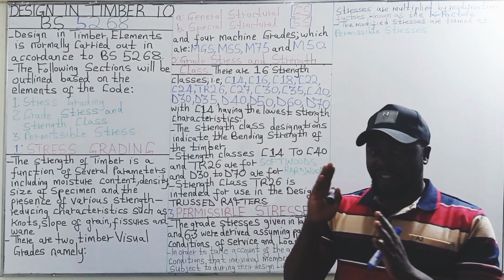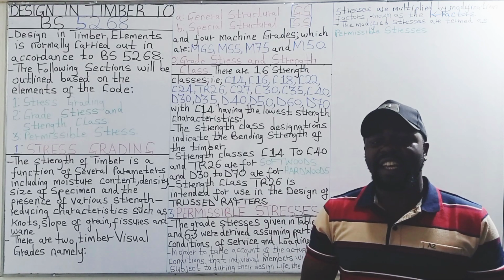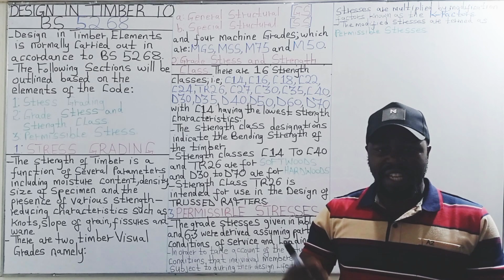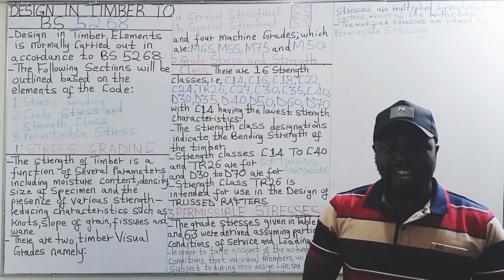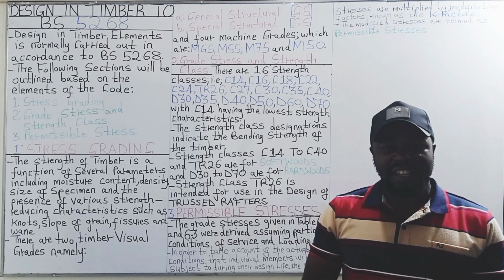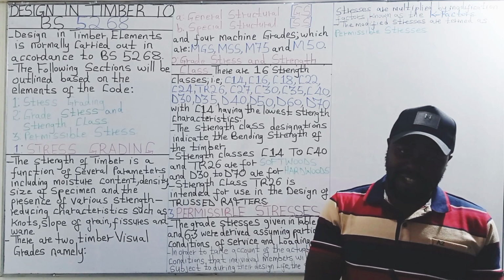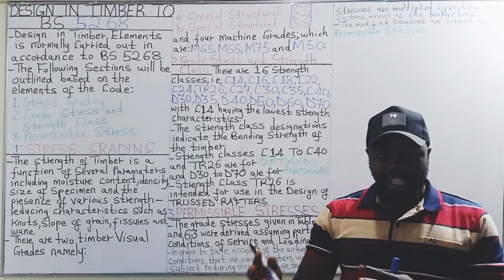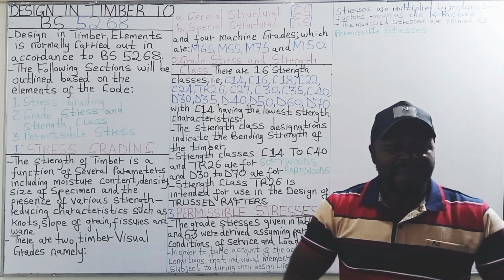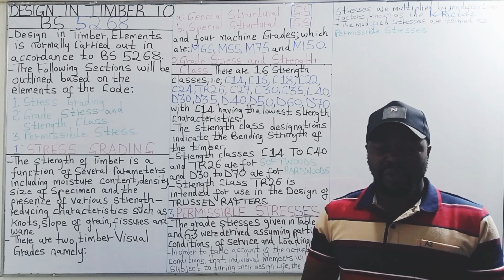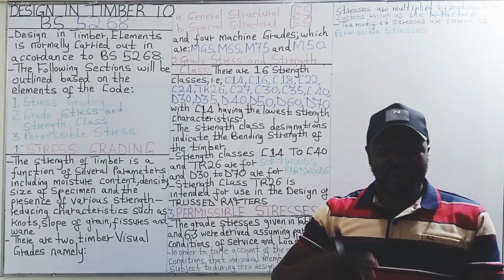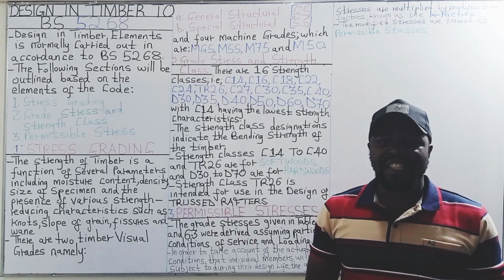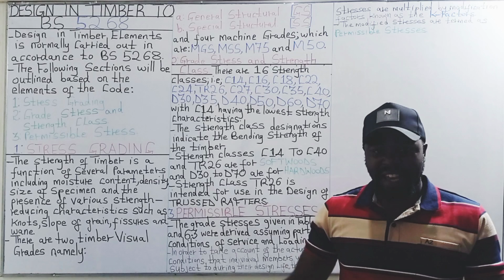Then we go to K3, that is the duration of loading factor, K3. And in this factor, the stresses given in table 6.1 and 6.3 apply to long-term loading. But where the applied loads will act for a shorter duration of time, e.g. snow and wind, the grade stresses can be increased further.